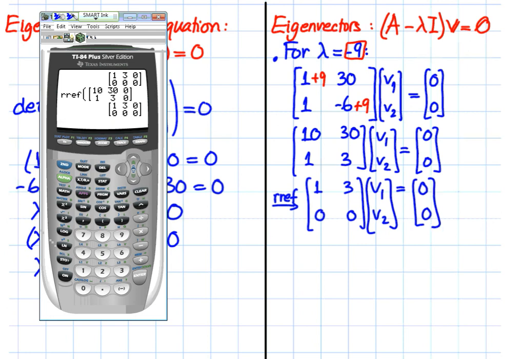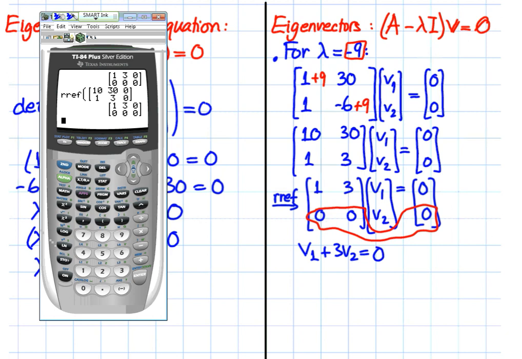The bottom row doesn't give us anything. So we just multiply the first row with the V1, V2. So we have V1 plus 3V2 equal to 0.